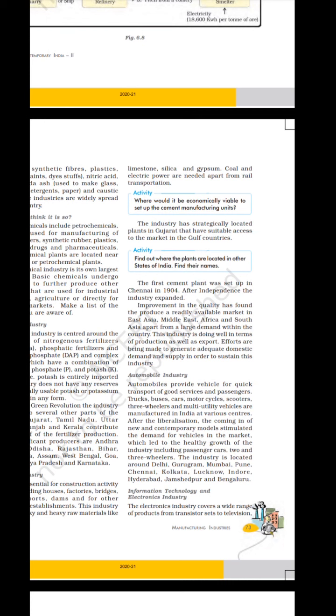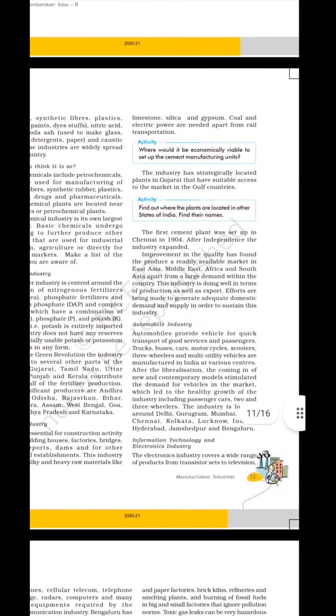After the liberalization, the coming in of new and contemporary models stimulated the demand for vehicles in the market, which led to the healthy growth of the industry, including passenger cars, two and three wheelers. The industry is located around Delhi, Gurugram, Mumbai, Pune, Chennai, Kolkata, Lucknow, Indore, Hyderabad, Jamshedpur, and Bangalore.